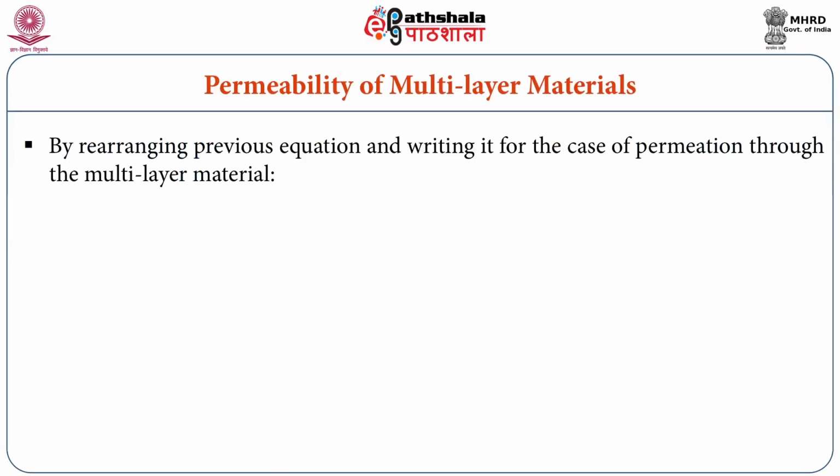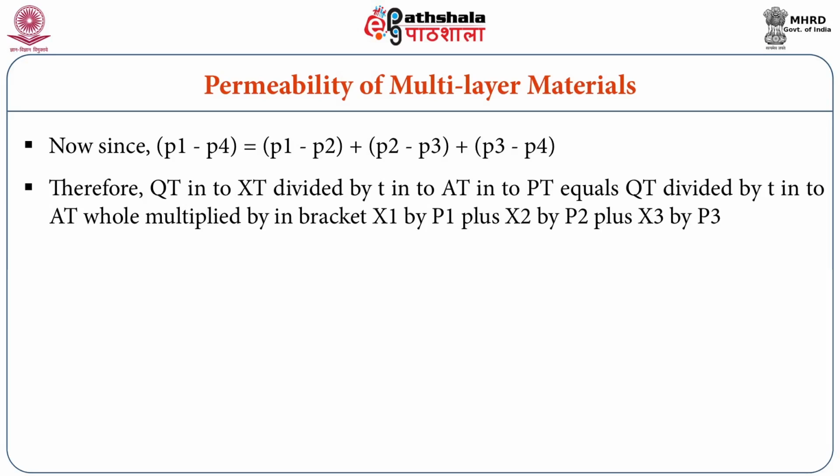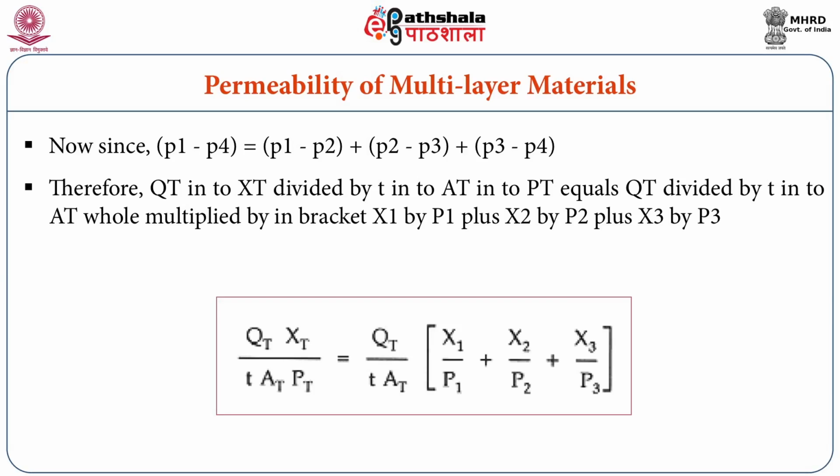By arranging the previous equation and writing it for the case of permeation through multilayer material, Qt into Xt divided by T into At into Pt equals P1 minus P4, that is delta P. Now, since P1 minus P4 equals P1 minus P2 plus P2 minus P3 plus P3 minus P4, therefore Qt into Xt divided by T into At into Pt equals Qt divided by T into At, whole multiplied by, in bracket, x1 by P1 plus x2 by P2 plus x3 by P3.